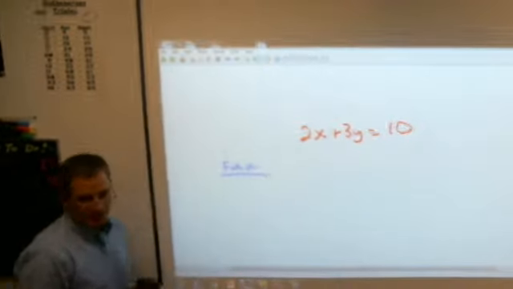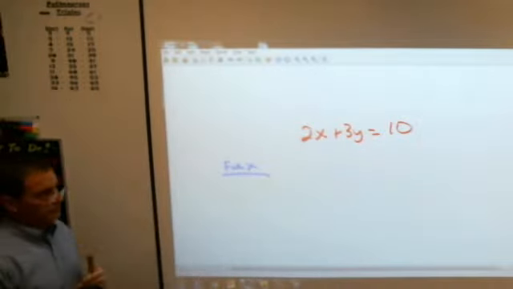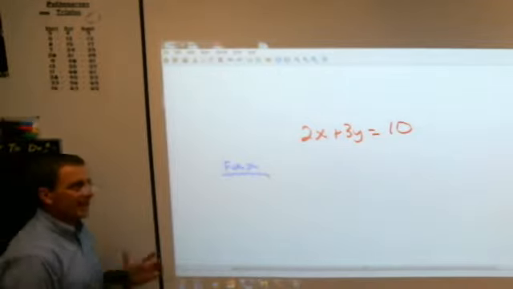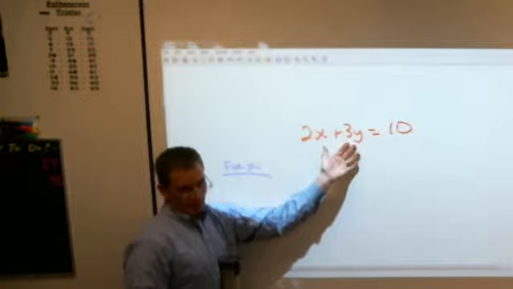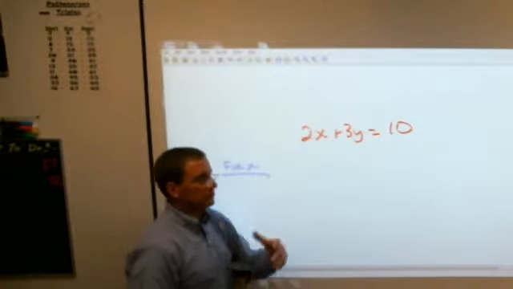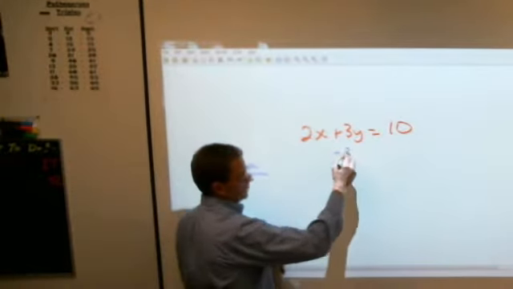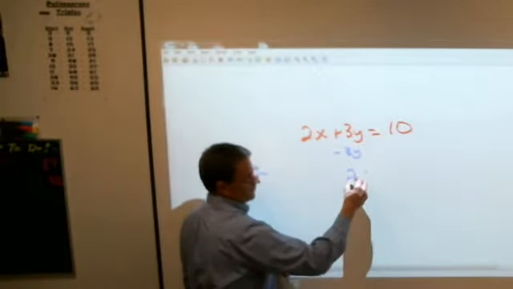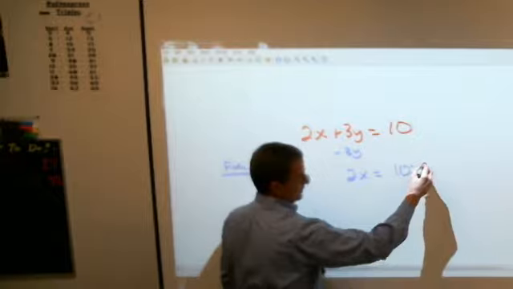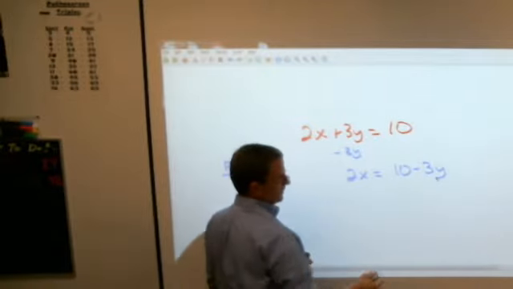You just do the same exact operations you would do if there were numbers there. In other words, I want to get x by itself. So how do I get rid of this 3y? You just subtract it over. So you subtract 3y. It doesn't combine with the 10, but it is there. You get 2x equals 10 minus 3y. They're not like terms, so I can't do anything.